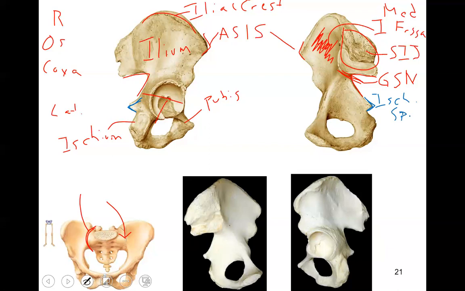Another feature of the ischium bone is this rough patch right here, a big rough projection. We're all very much aware of this structure because frankly, you're sitting on it right now. If anyone has ever said, oh, you have a bony butt, you can feel your sits bones.